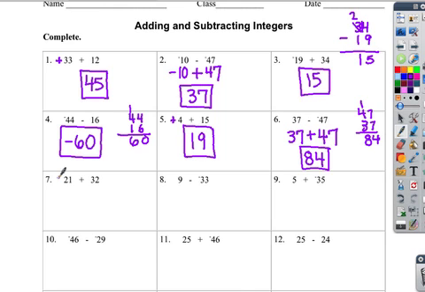Number 7, 21 and 32 are both positive, so I get my answer of 53, which is also positive. Number 8, minus and negative become a plus sign, so 9 plus 33 is 42.